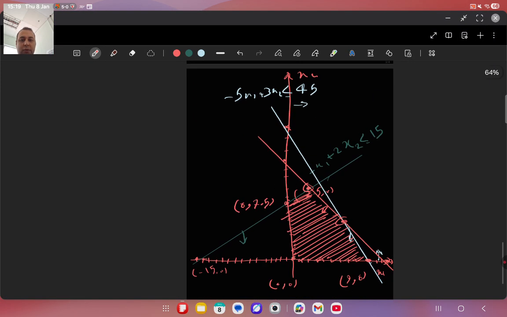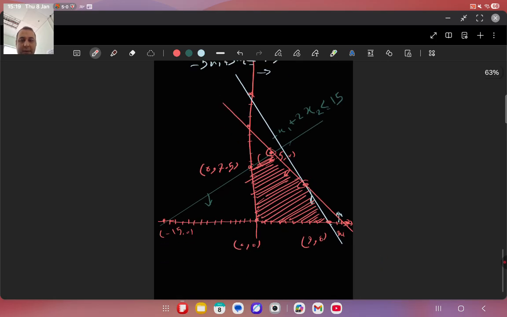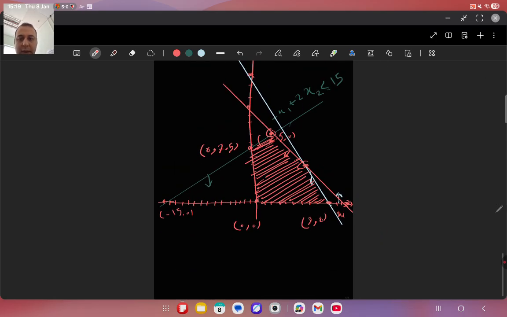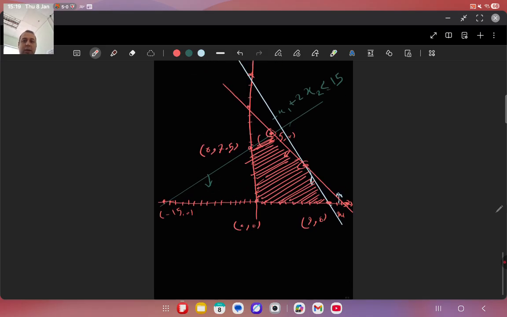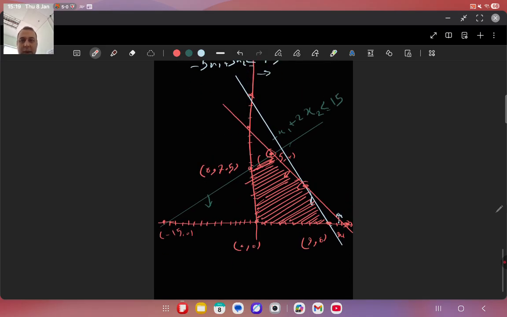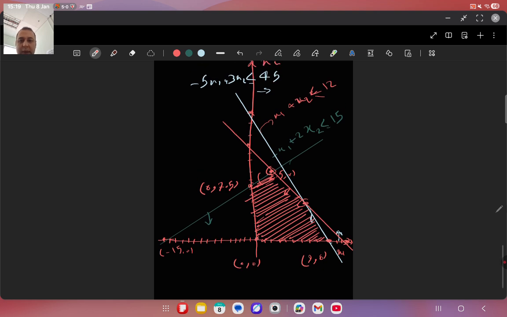Okay, we have 2 lines that we are going to find the intersection of. How to find the intersection? We have to make them equal. Okay, I forgot to put the line. This is x1 plus x2, the equation is less than 12. Okay, this line, x1 plus x2, and what's the equation of this?